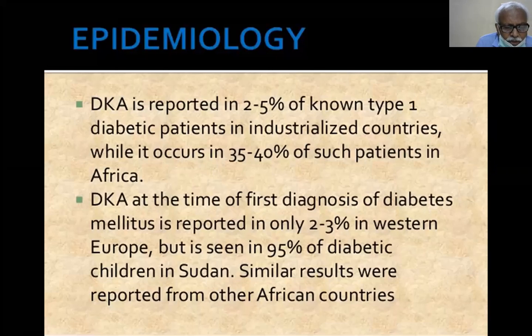So the African people, Somalia, Ethiopia, and all these places, the people are very much starved during their childhood. So diabetic ketoacidosis at the time of first diagnosis of diabetes mellitus is reported only 2 to 3% in Western Europe, but is seen in 95% of diabetic children in Sudan. And similar results were reported from other African countries.